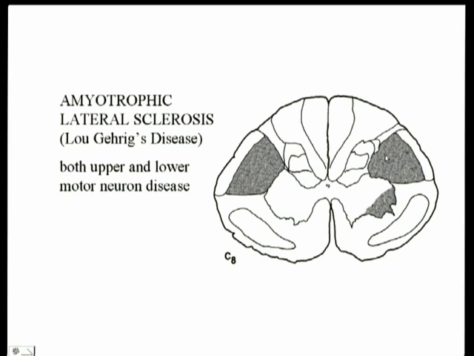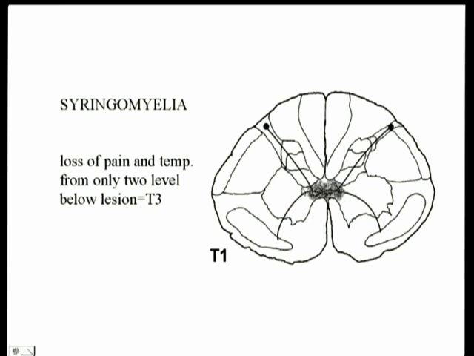So here you have lower extremity spasticity, upper extremity deficit around C8, lower motor neuron. This will be in the same patient. These patients have a lot of fasciculations, which is indicative of the lower motor neuron dying. So upper motor, lower motor neuron, same patient.